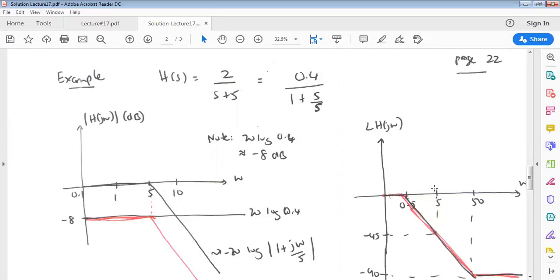For the phase plot, we just need to consider the phase plot for a real pole. We don't have to consider the constant, because its phase will be 0 degrees all the time.